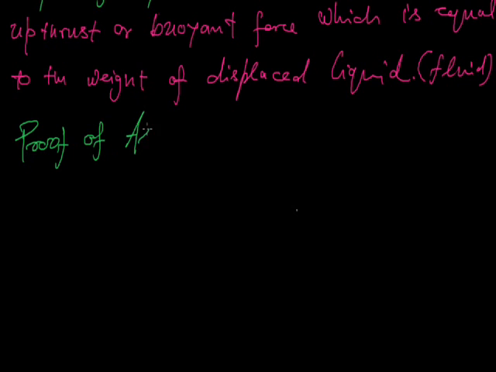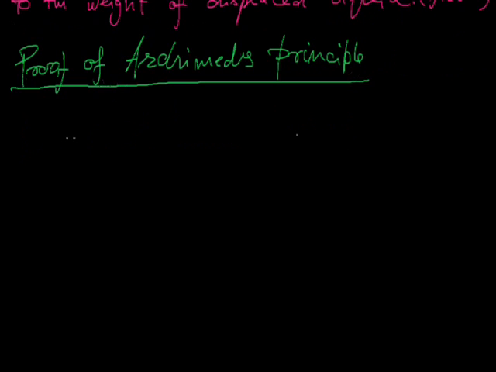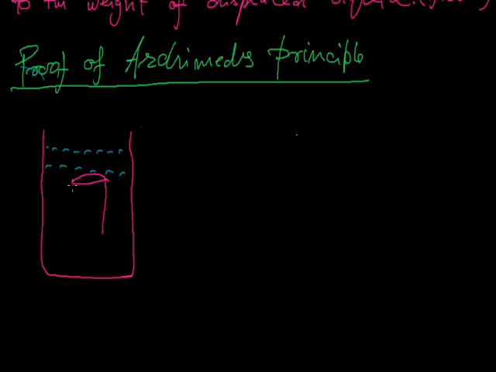Proof of Archimedes principle. Let this be a beaker full of water, and a cylinder of cross section A. The cross section is A here, and it is also A. The pot is full of water.